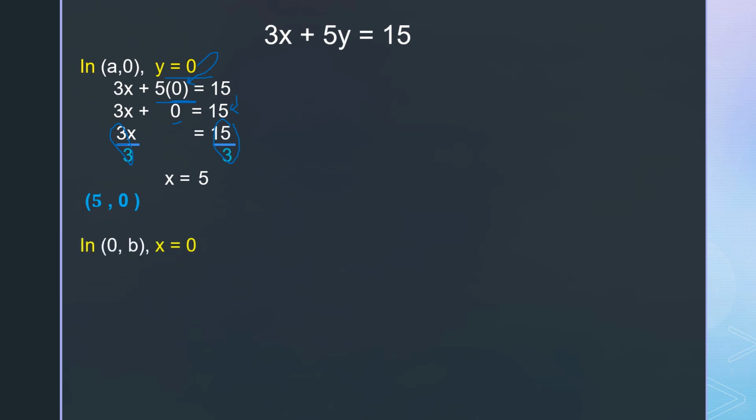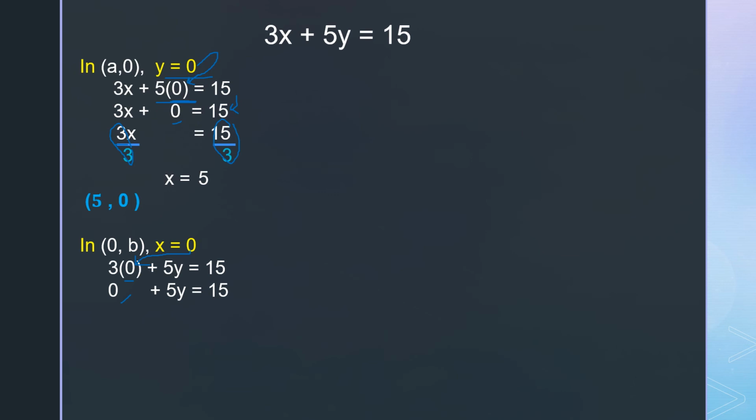Then in 0b or 0y, the x is equal to 0. So this time we can compute for y given x is equal to 0. In the equation, that is 3 times 0 plus 5y equals 15. So we substitute the value of x in our equation. We simplify. So that is 3 times 0, 0.